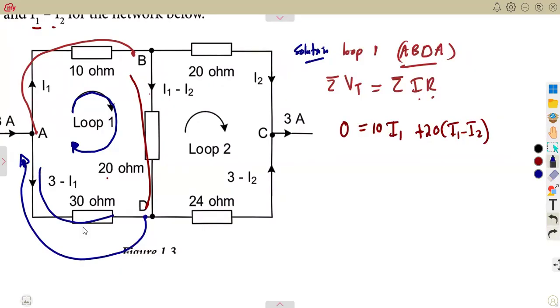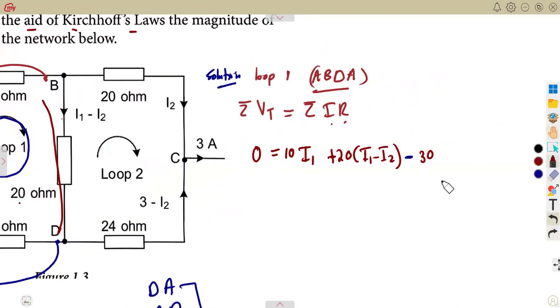It is going from A to D. As we are moving from D to A, but the current is moving A to D, you indicate it with a negative, because it is opposing the movement on our loop. So that will be minus 30 times the current, which is 3 minus I1. We are already given that current there, which is 3 minus I1.